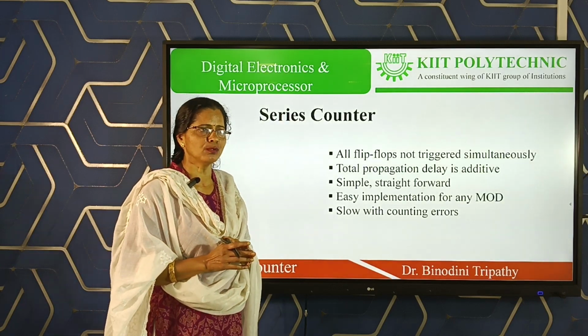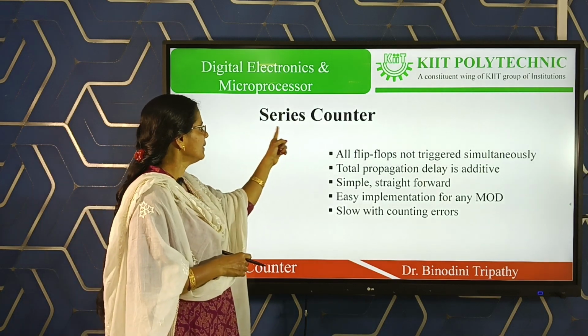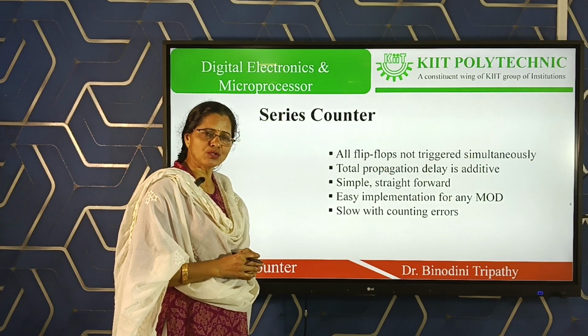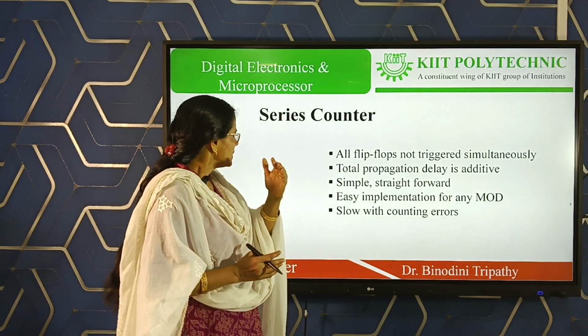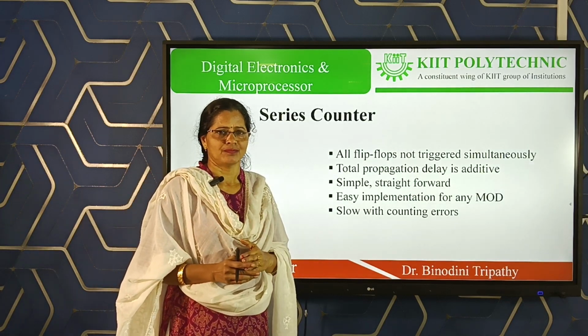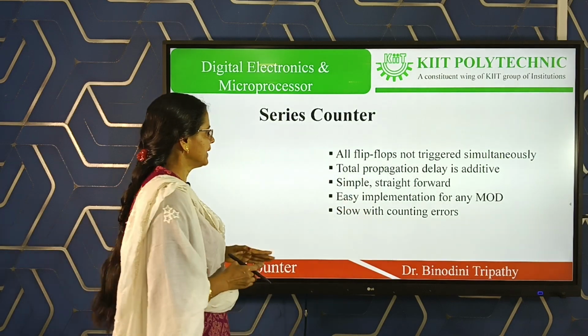So serially here we have to apply the clock input. It's a series counter. This counter also has alternative names like ripple counter, serial counter, and asynchronous counter. So let us start, then over the circuit we can realize all these meanings.